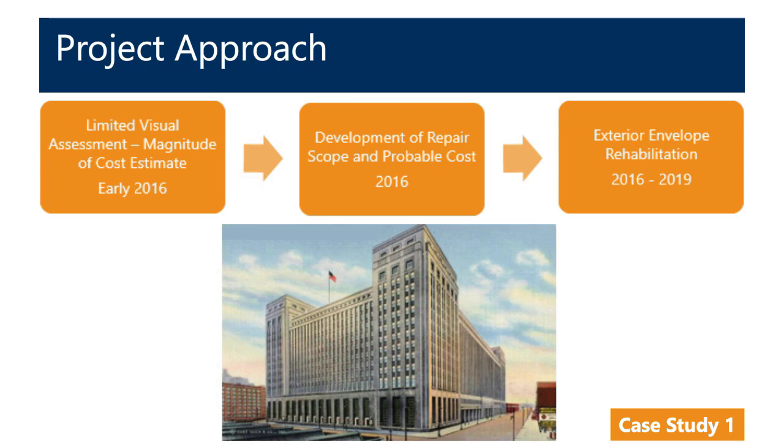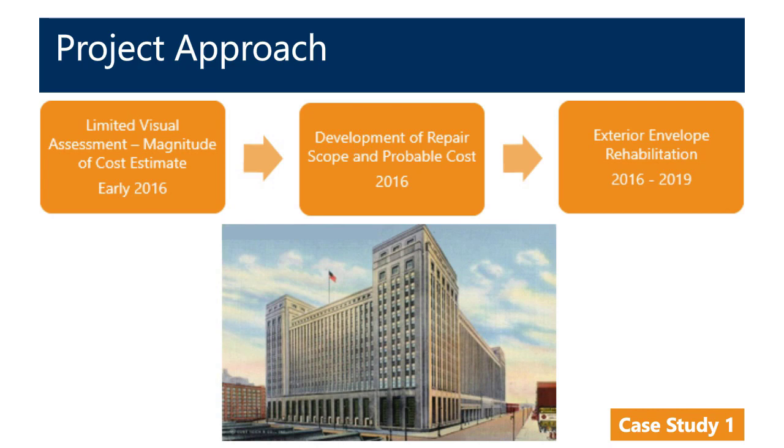So the timeline of AE's involvement on this project was we gave a cost estimate, just a magnitude, walking around the building from grade, to give the client a magnitude of how much we thought the repair project might cost. And this is based just upon experience, type of facade material, types of distress observed.